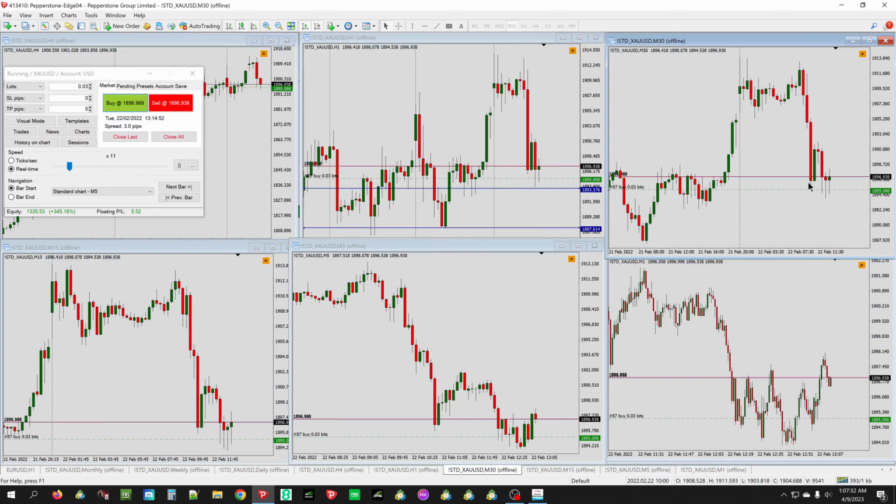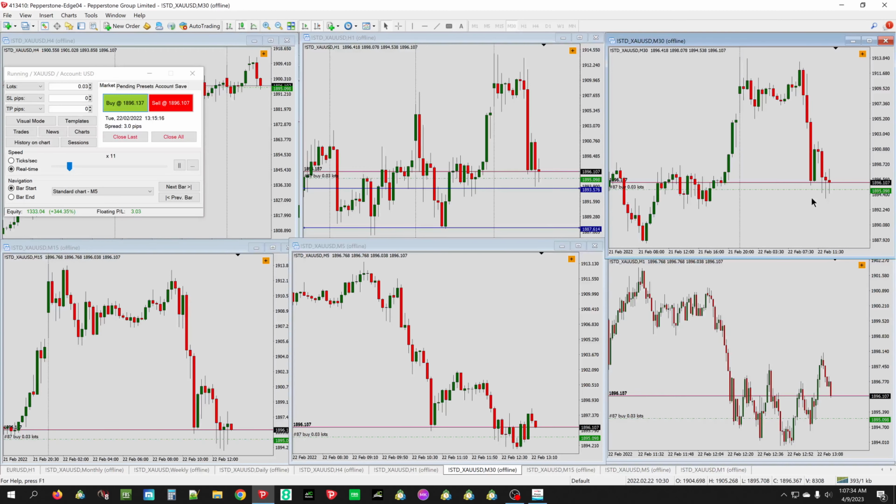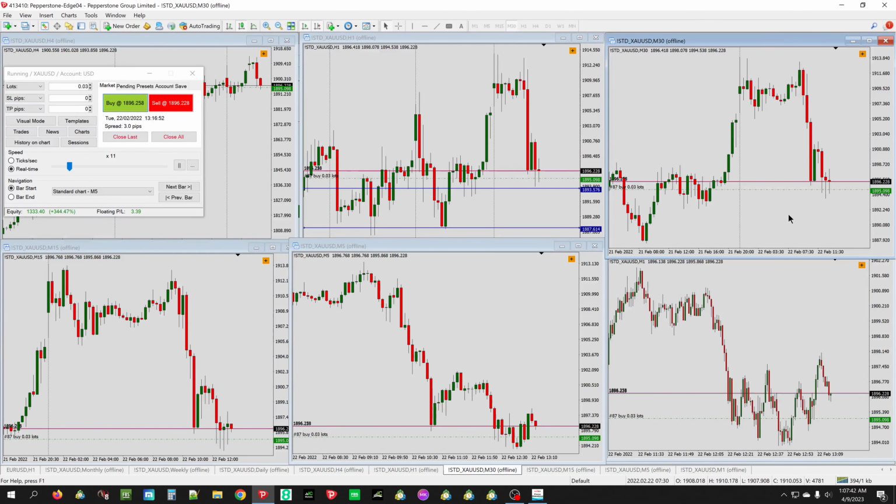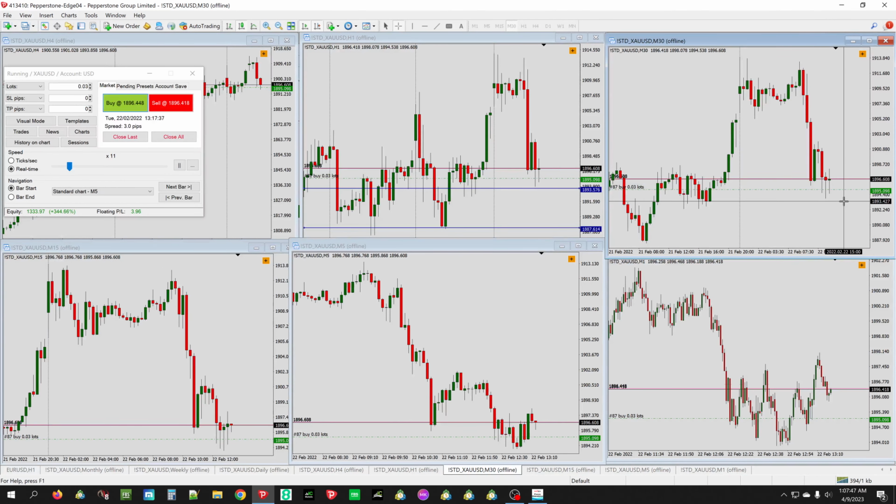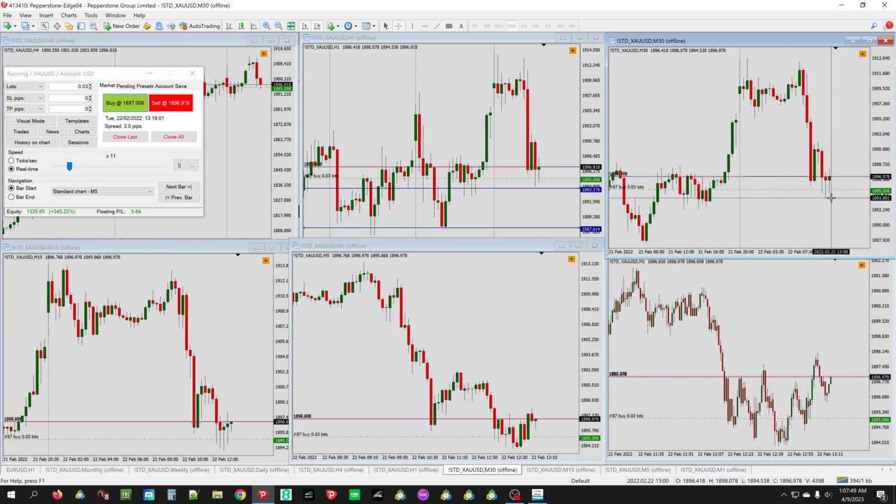I can see there is a lot of down momentum in gold, so technically maybe there is a probability for me to execute sells once we break below 1893 lows, this M30 low.